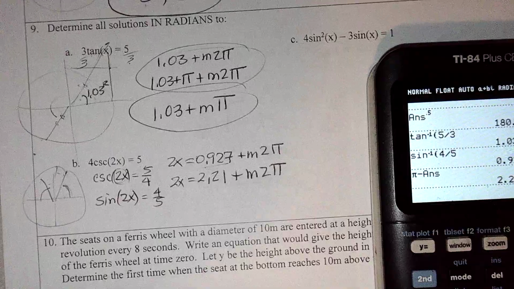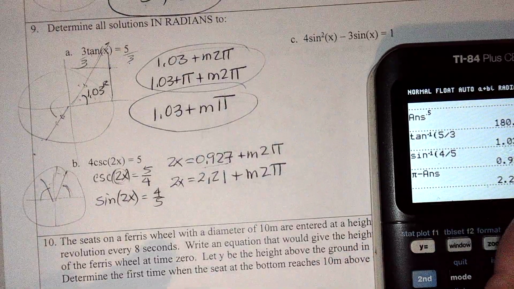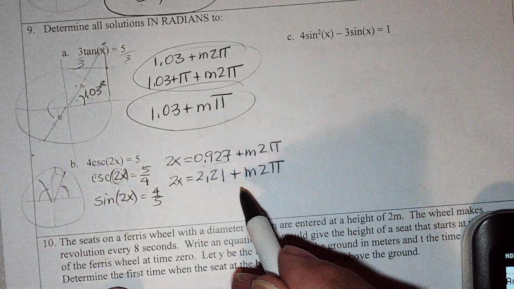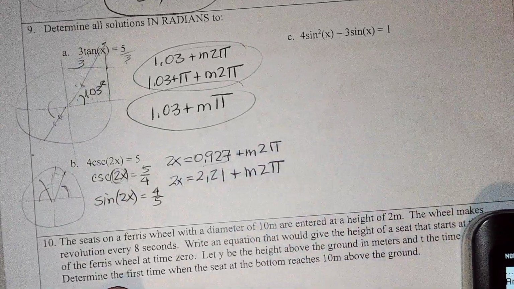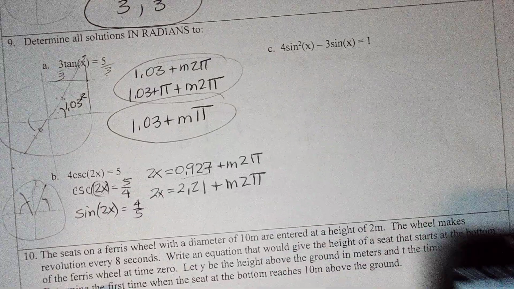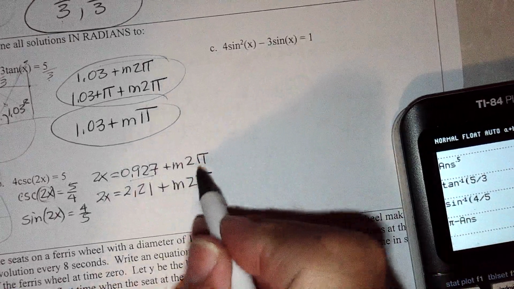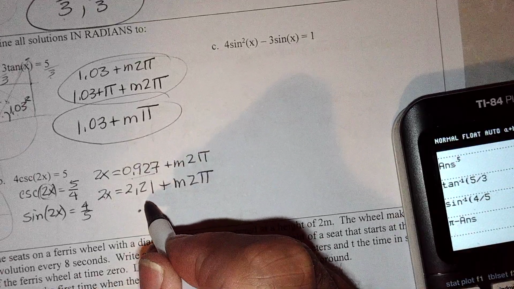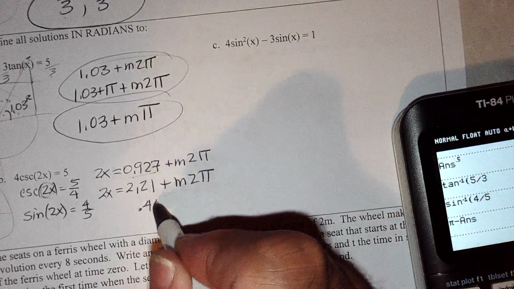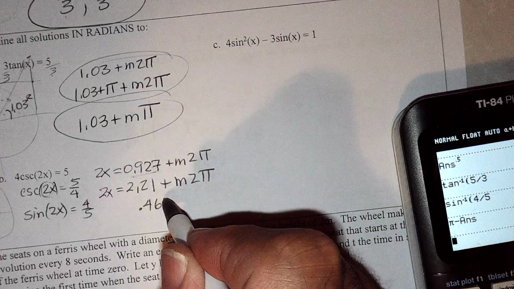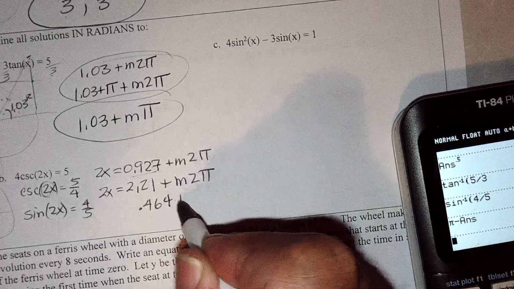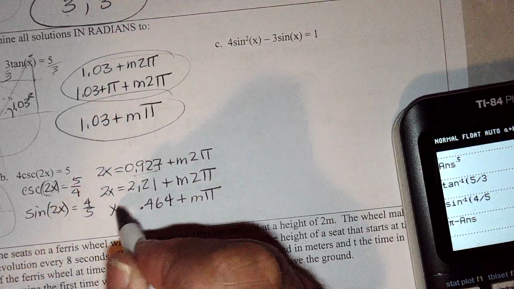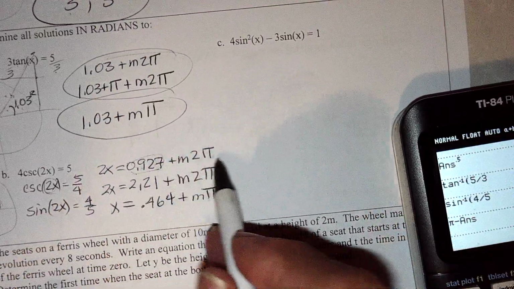So now to find all solutions, I have to divide by 2. So this becomes 0.9 divided by 2, 0.464 approximately, plus multiples of pi, dividing that by 2 and that by 2.